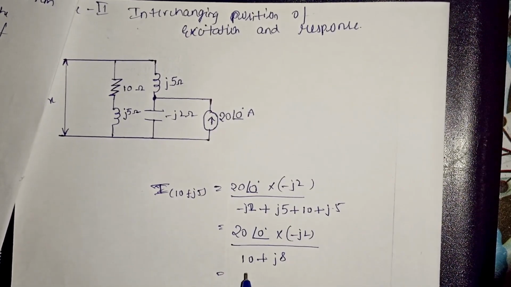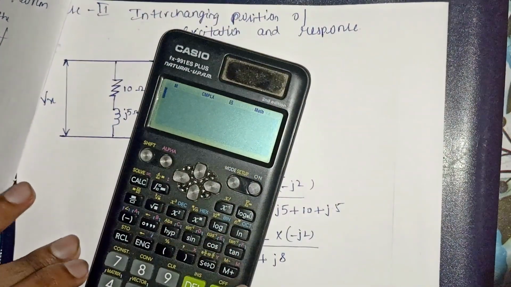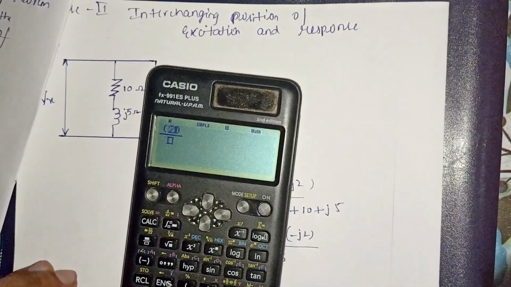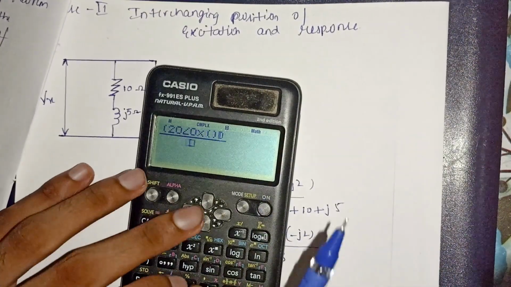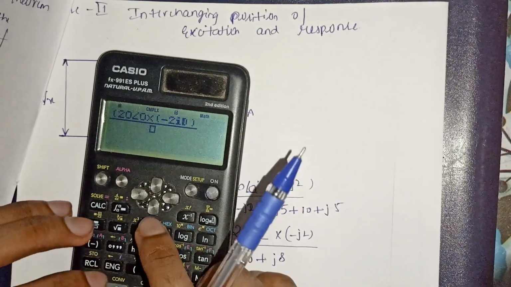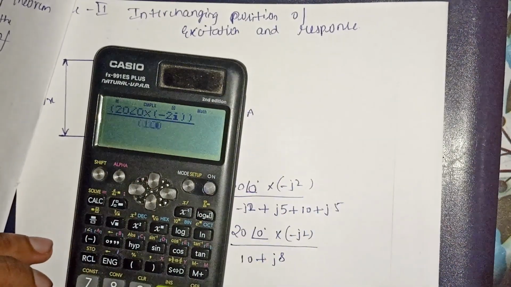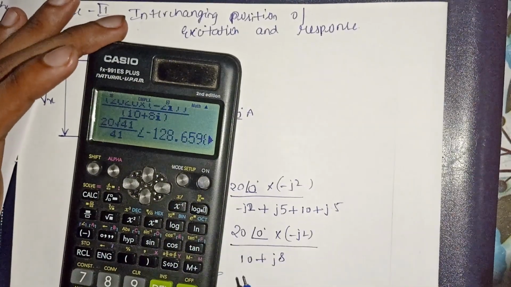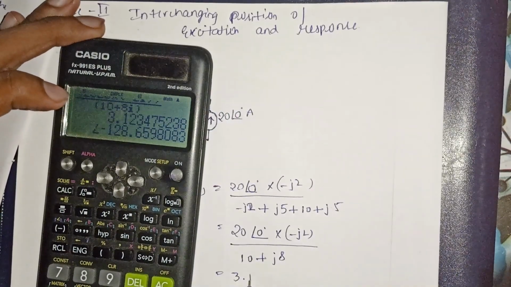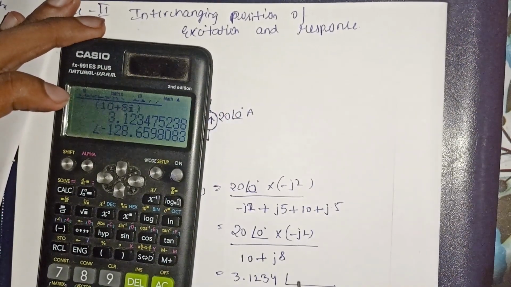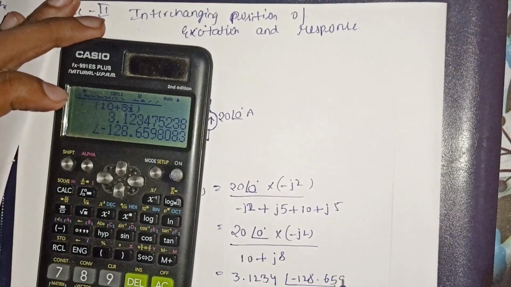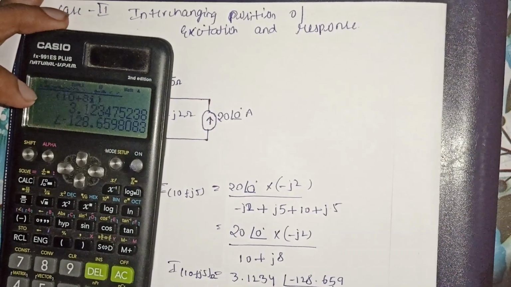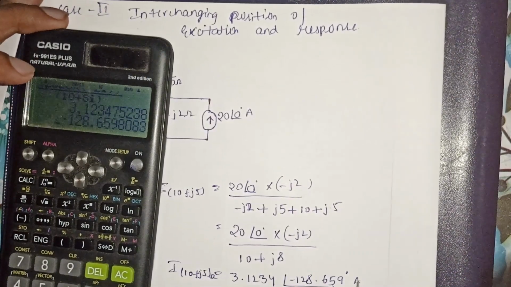On calculation, with the calculator set into complex mode, 20 at an angle 0 multiplied by minus 2i divided by 10 plus 8i, you get 3.1234 at an angle of minus 128.659 degree. That is the current through the 10 plus j5 impedance, in amperes.